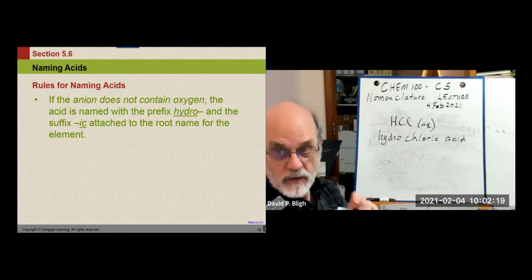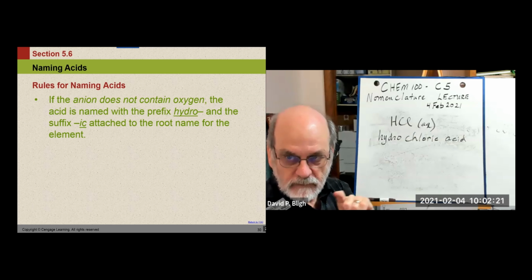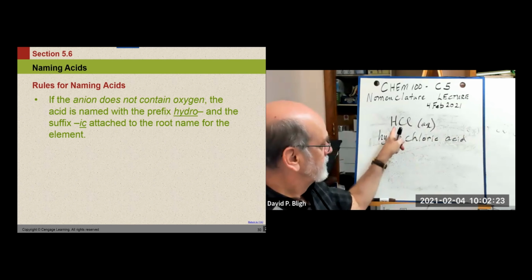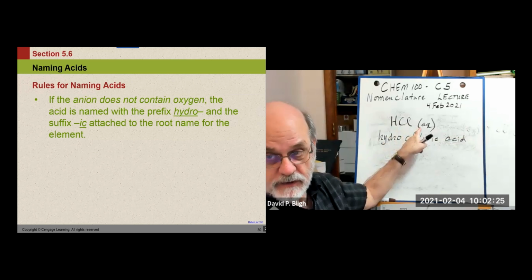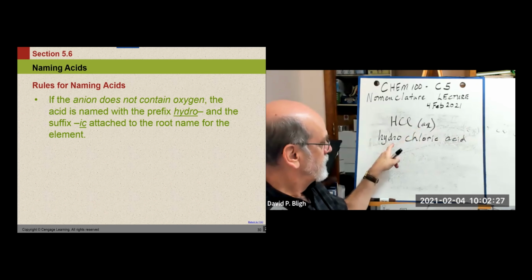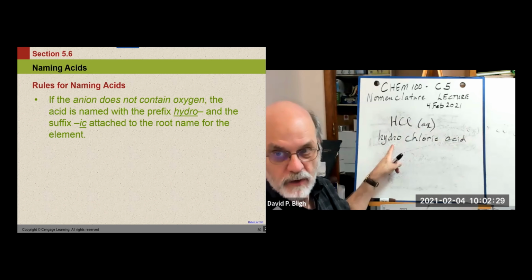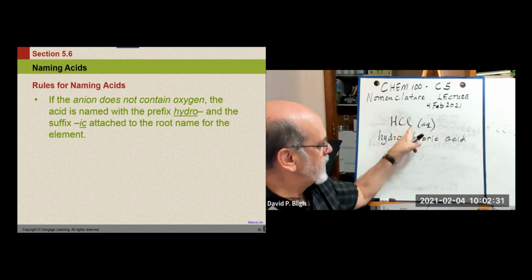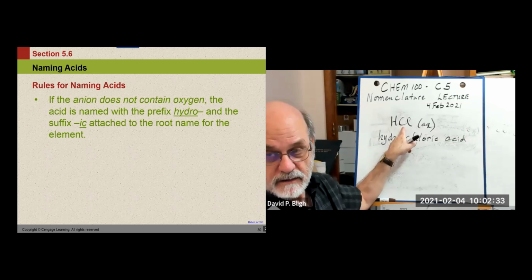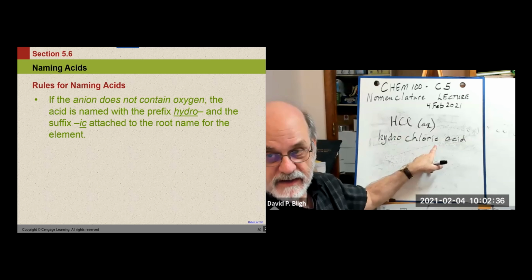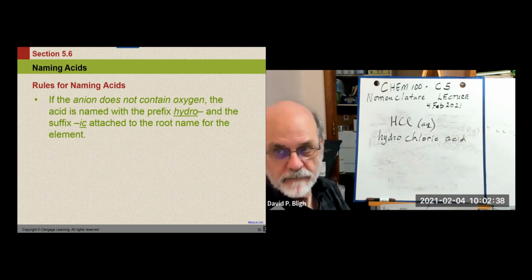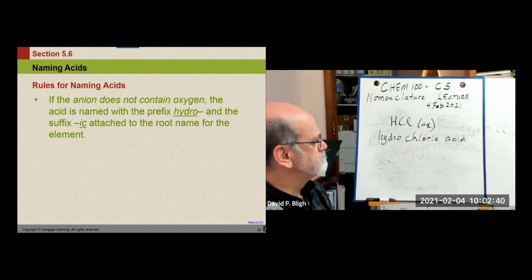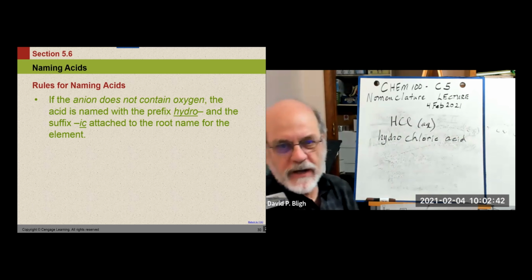Okay, so the key here is, first of all, is it an acid? It's got a hydrogen, it's in solution. No oxygen, start it with hydro, and then change the chloride to ic: chloric, hydrochloric. Okay.